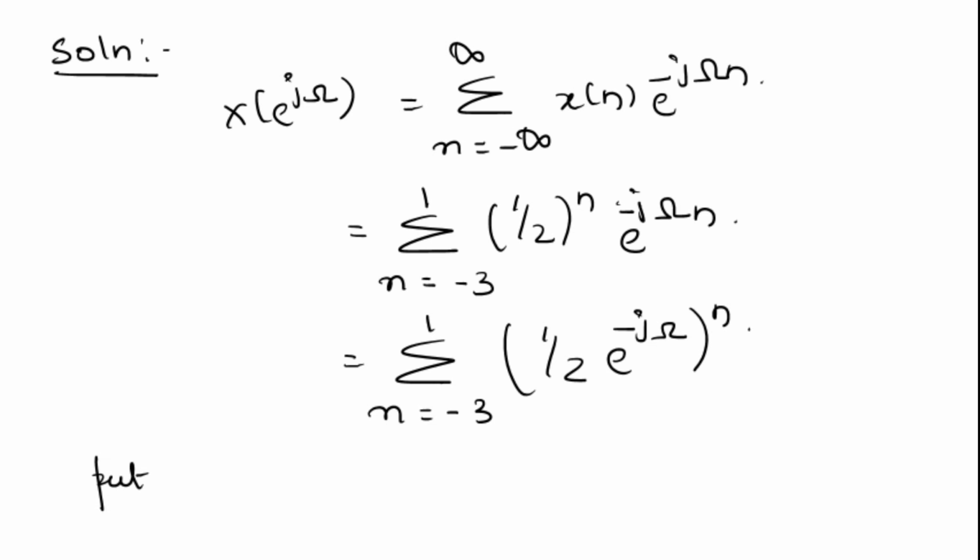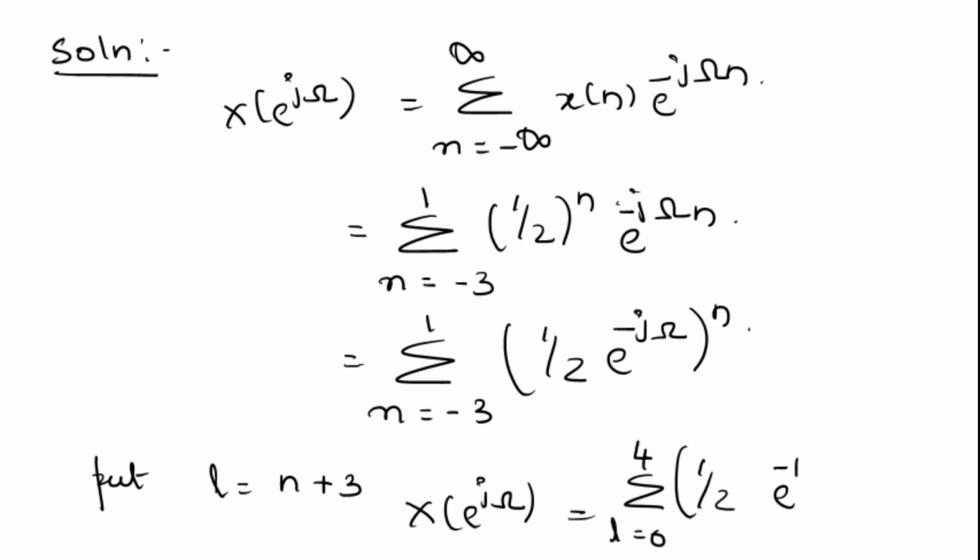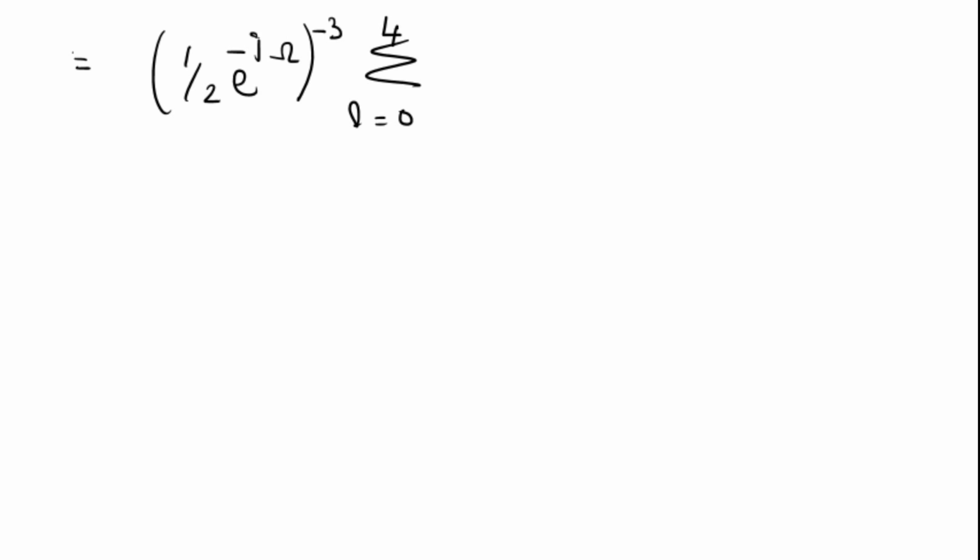Put L is equal to n plus 3, then X of e power j omega is equal to summation L equals 0 to 4 of half into e power minus j omega to the power L minus 3, which is equal to half into e power minus j omega to the power minus 3 summation L equals 0 to 4 of half into e power minus j omega to the power L.